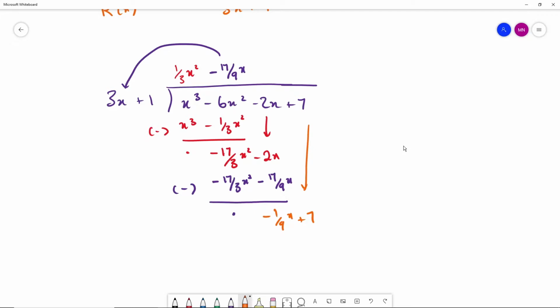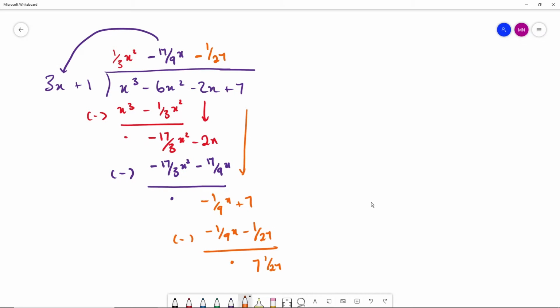In order to remove negative 1 over 9x, we take negative 1 over 27 multiplied with 3x. So then we have right here negative 1 over 9x minus 1 over 27. Then another operation of negative, so we have 0, and we have a remainder of 7 1 over 27, that is 190 over 27. So that is our remainder.